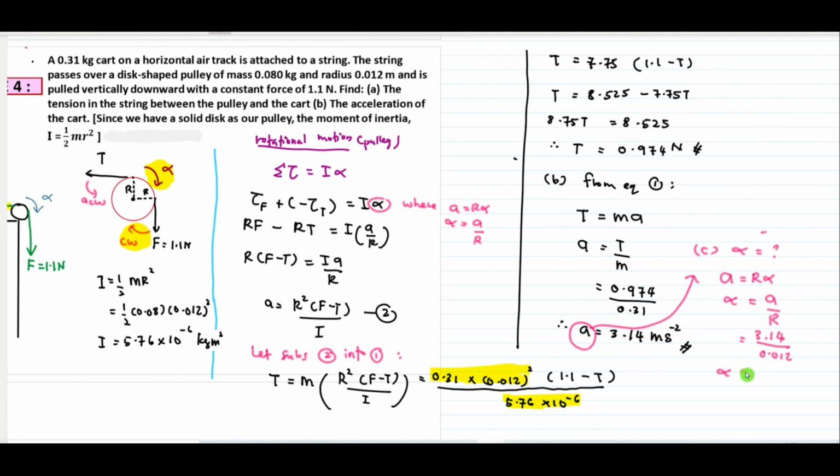So alpha is equal to 261.7, and the unit is radians per second squared. Don't be confused: check whether the question asks for acceleration or angular acceleration.